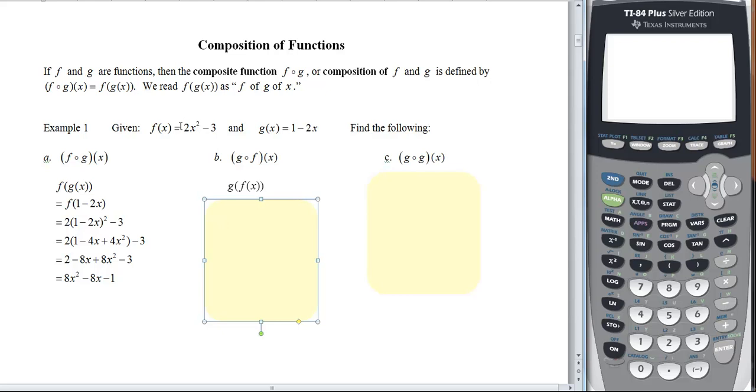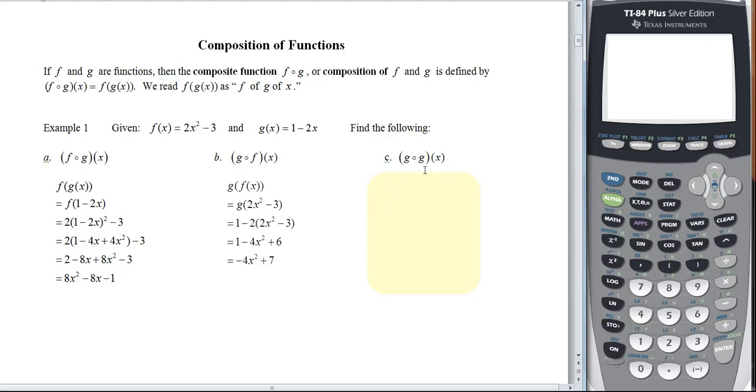So go snag f of x, put the 2x squared minus 3 in here because they're equivalent, they're of equal value. Now, with parentheses, think about picking this parentheses up, everything inside, and go plopping it in where your x is in your g function. Distribute through, you've done that before, and then combine like terms, and you would end up with that.